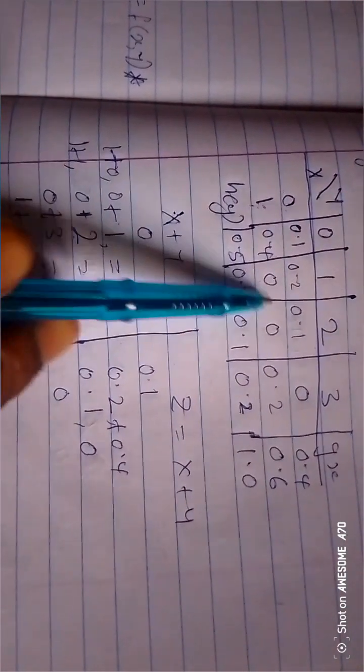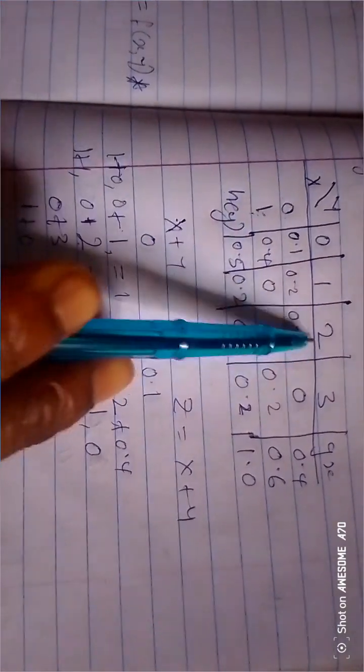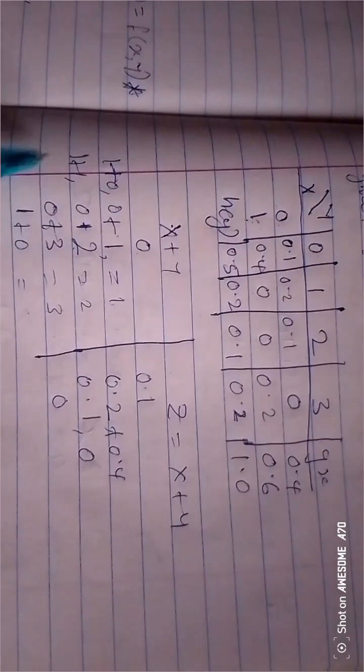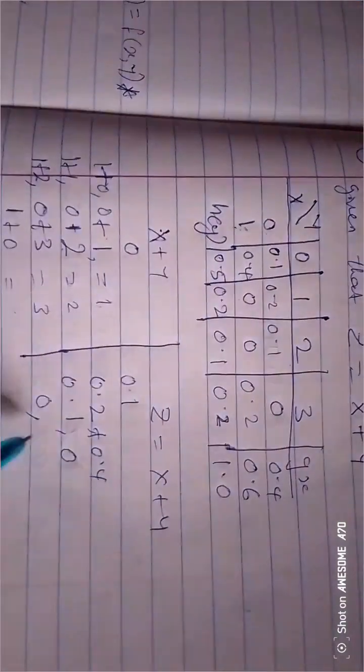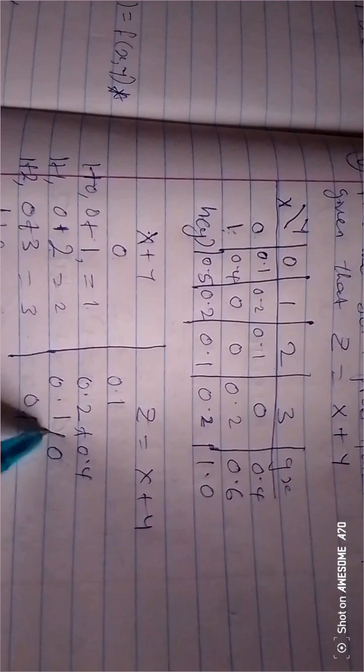Okay, so the next one is now 1 plus 2. 1 plus 2 is 3, and the outcome is 0. So that is plus here, please. We are adding them together now, just like what we are doing to this place.